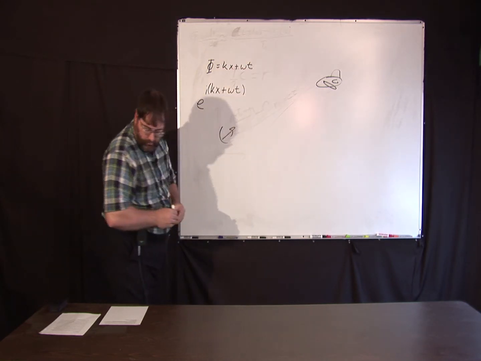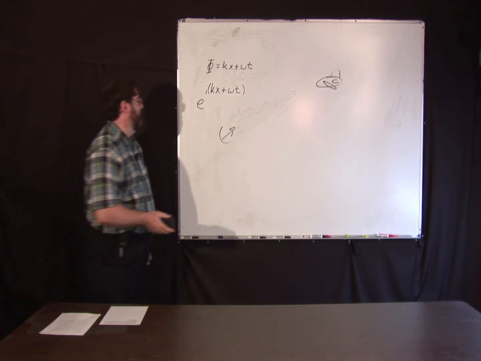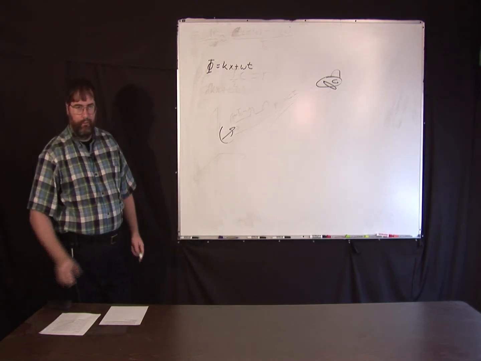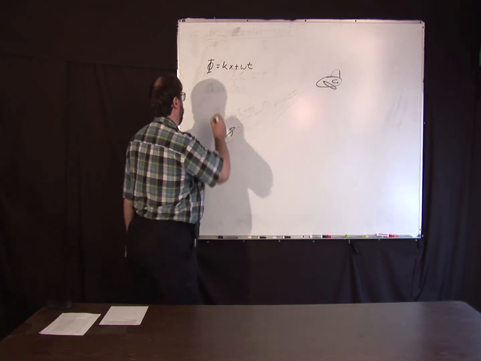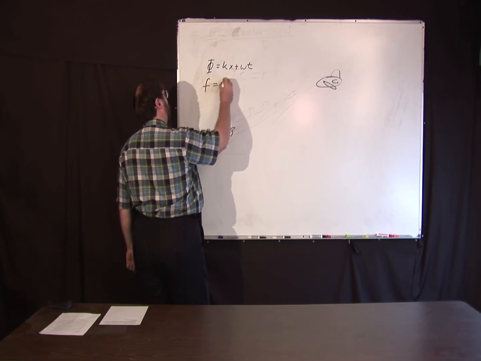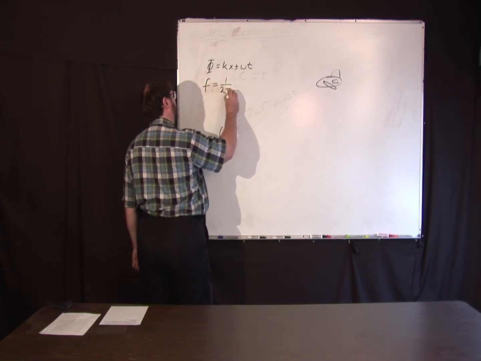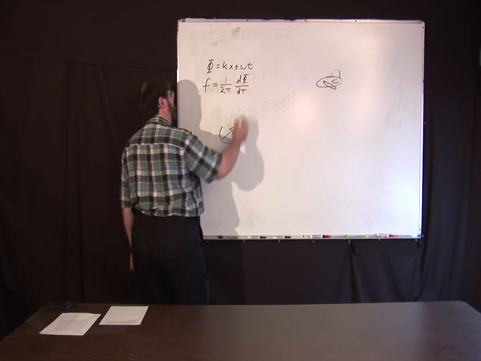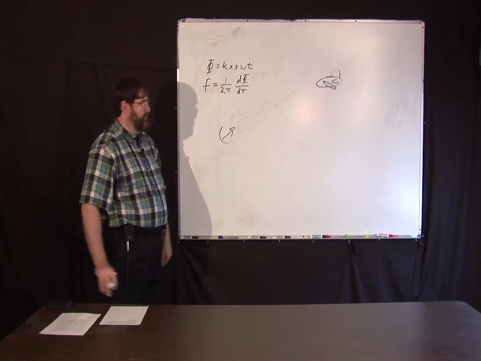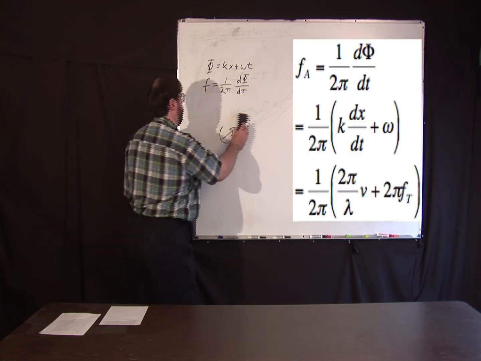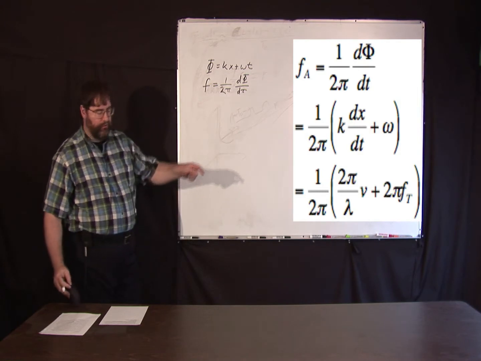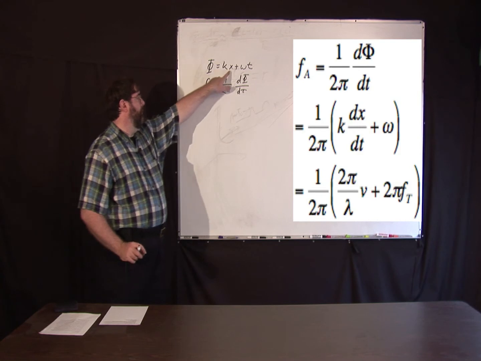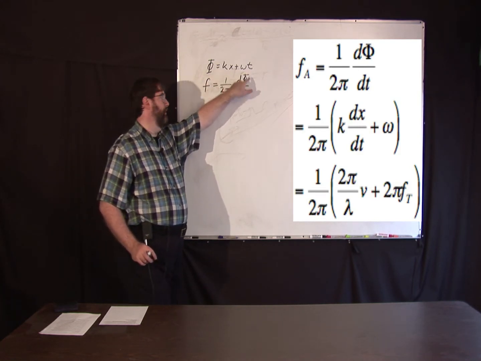Well, we can ask the question, what's the frequency of the radar? What frequency does the airplane see? We know from a previous episode on wave phenomena that we can get frequency from 1 over 2 pi times dphi dt, or the change of phase. When you're looking at the frequency at the plane, both terms are changing with time.